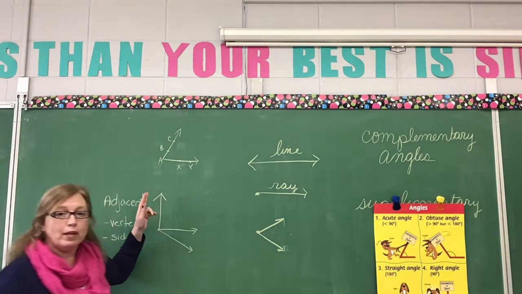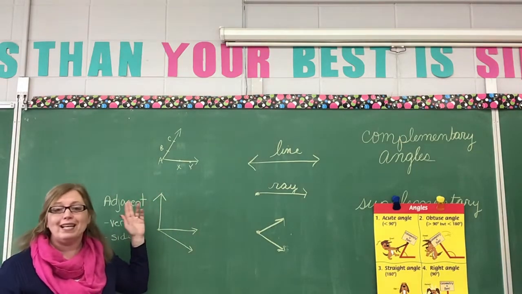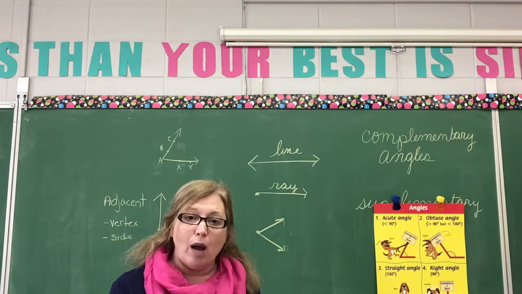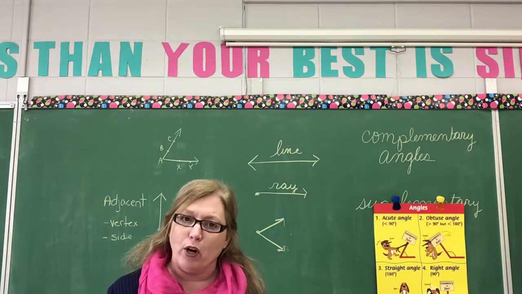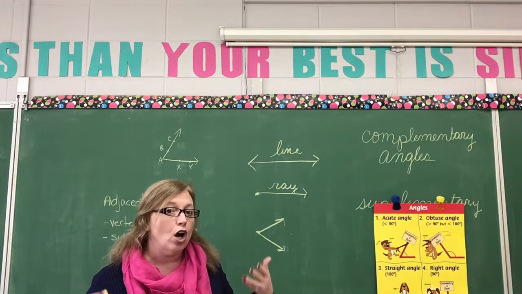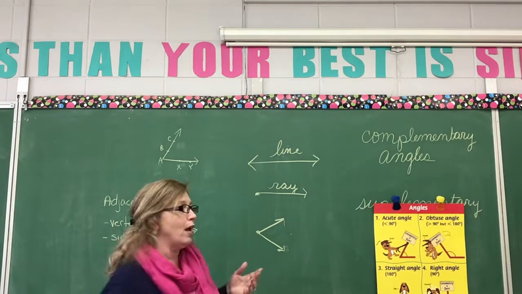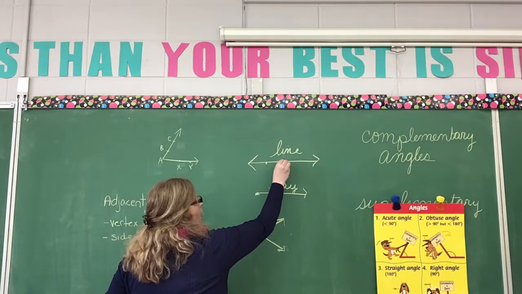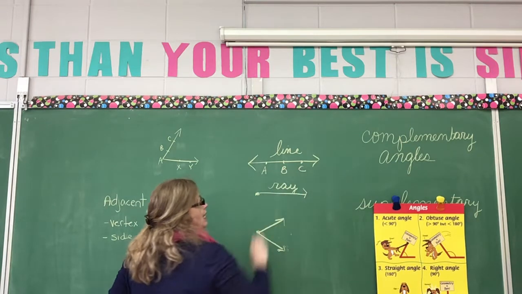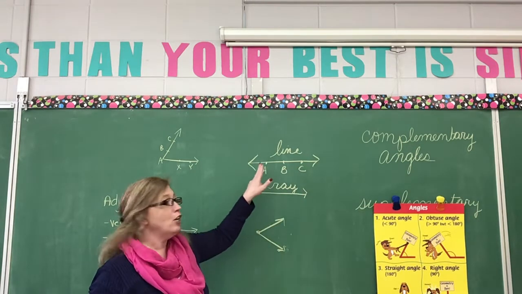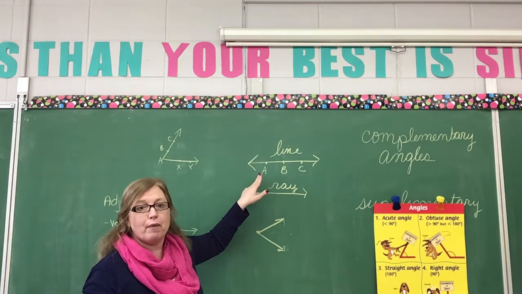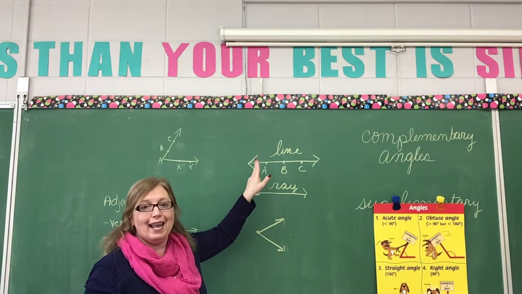Now, every line, every ray, every angle in geometry has a name. Where does the name come from? It comes from some point on that geometric shape. For example, we're going to call these points A, B, and C, okay? I can call this line A, but if I want to be more specific, I would say this is line AB.